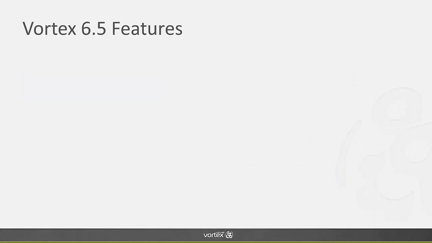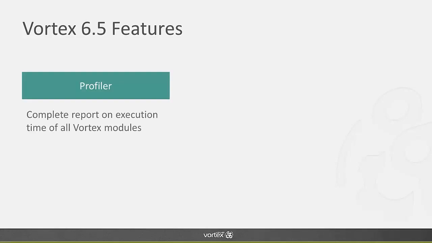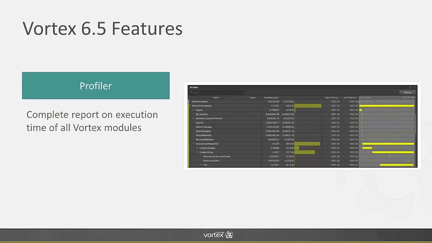Now, if we look a bit further back to Vortex 6.5, there were a lot of very interesting features added to Vortex, especially to the editor. The first one I'd like to talk about is the profiler. It's a new panel that allows you to analyze a Vortex application to see where processing time is spent and how much time each model is taking to execute.